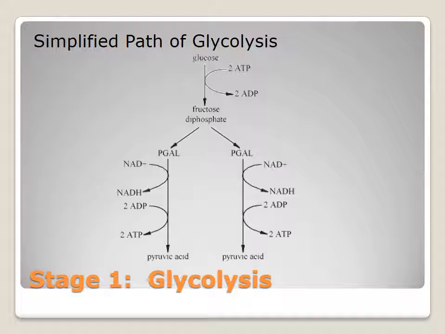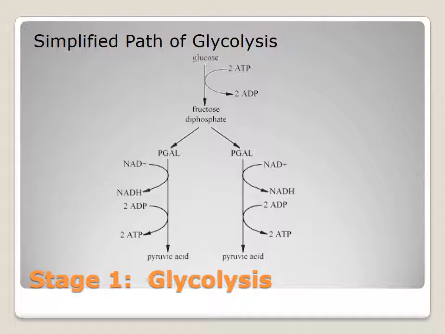I'll draw it out even more. Sorry, having a little bit of issues with that, I see. All right, so here's our glucose. And we need to start this reaction off. So 2 ATP come in. Does that make sense? 2 ATP are coming in. Glucose gets broken. That means it gets built into fructose diphosphate.